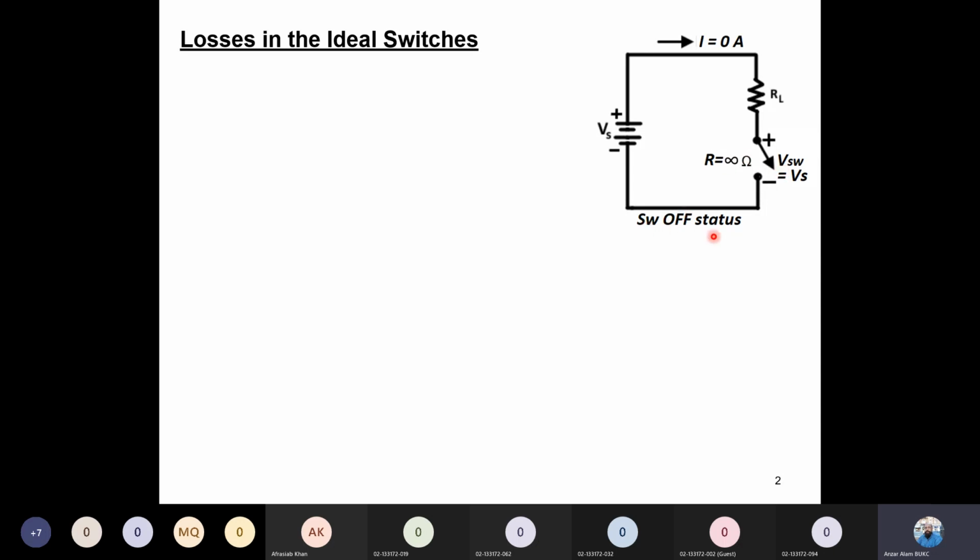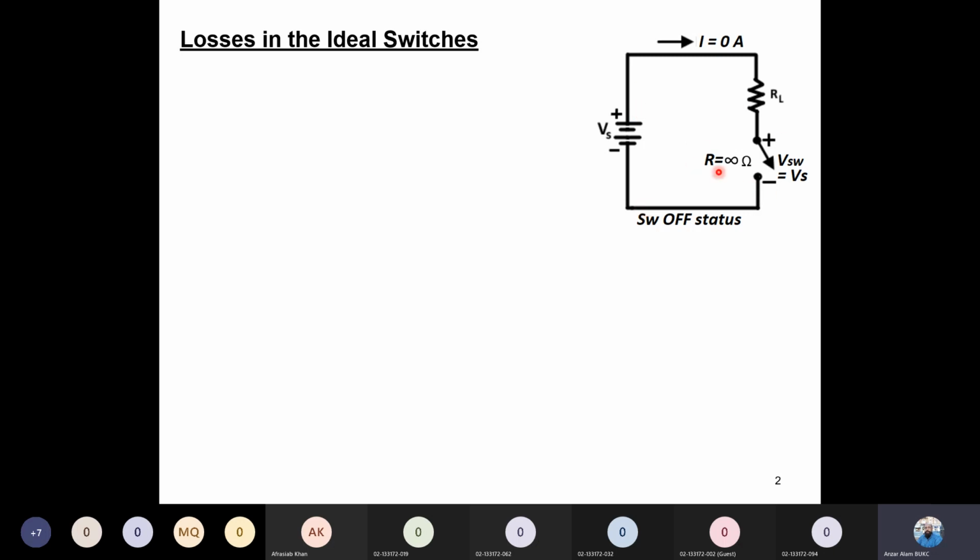In an ideal switch, when the switch is off, the current will be zero. And what is the resistance? It is infinite, because it's an open circuit. There are three things: resistance, current, and voltage. When the switch is completely off, resistance will be infinite, current will be zero, and the voltage across it will be maximum, the supply voltage.